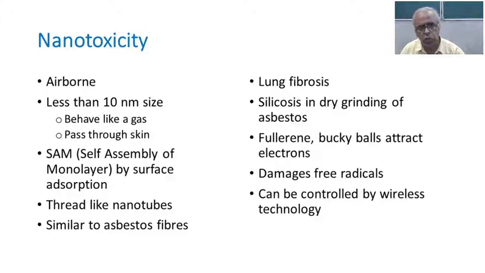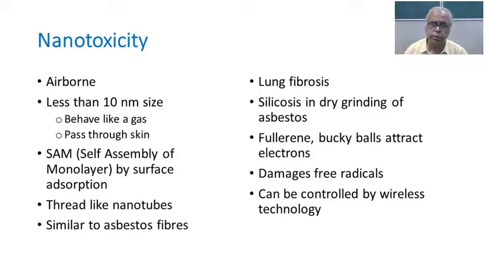And there are some nanotubes, they are all like small threads. They can be compared with the asbestos fiber, and they can cause lung fibrosis. In fact, a couple of decades before, there was a disease called silicosis. In those days, in paint industries, we used to grind asbestos powder in dry grinding process as well as wet grinding process.